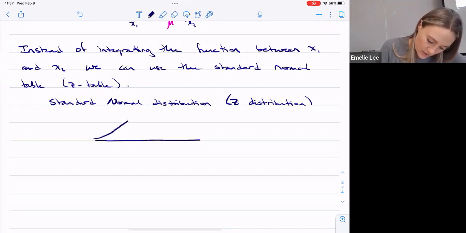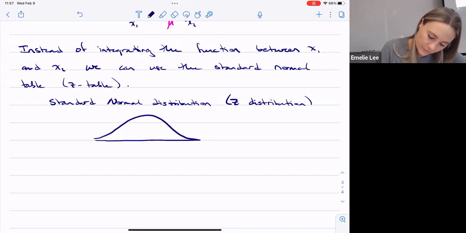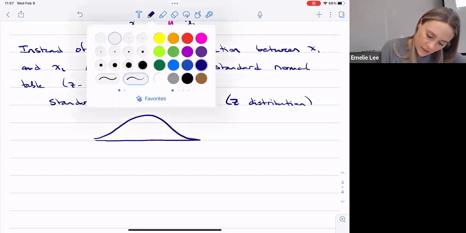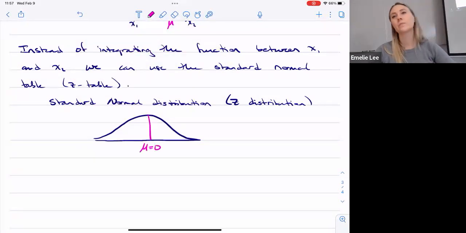And so it has the same shape. Okay. It has a mean. So Z always has a mean of 0. If we think about a measurement that is exactly the mean of that group, then the standardized value would be 0. It's 0 standard deviations away from the mean, right? Because it is the mean.